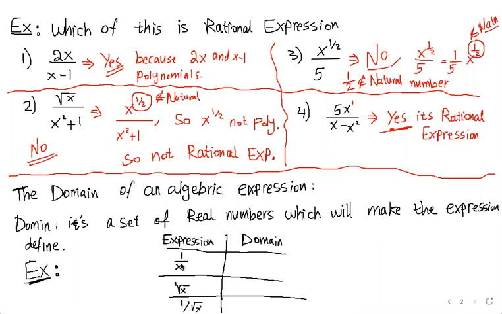But if I plug in 0, the expression becomes 1 over 0, which is undefined. So like Angel said, all real numbers except 0. Or, to write this, x such that x is not equal to 0. This means all real numbers except the number 0.